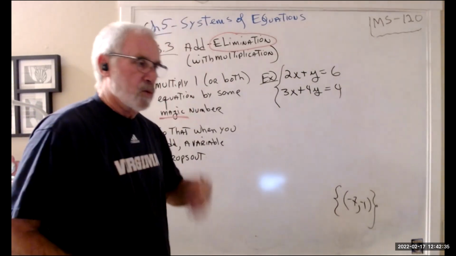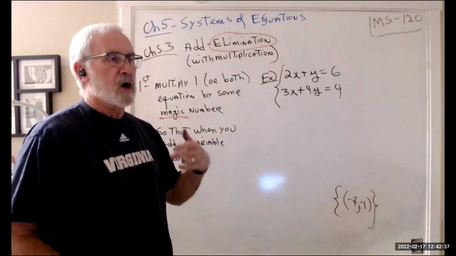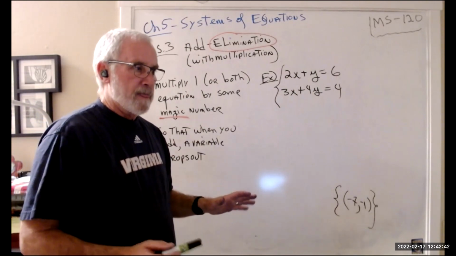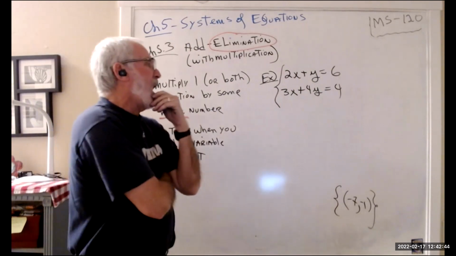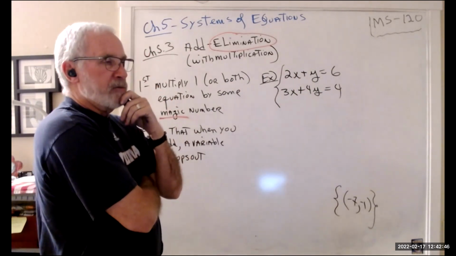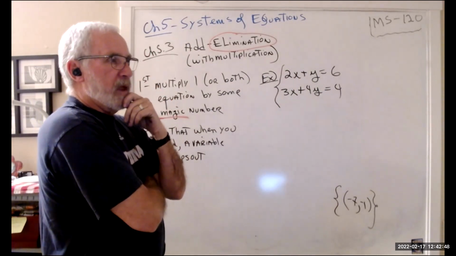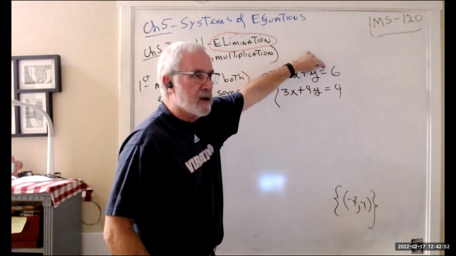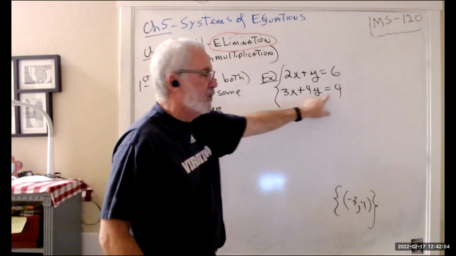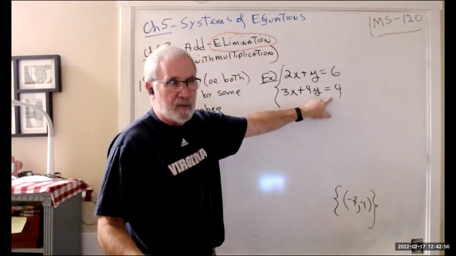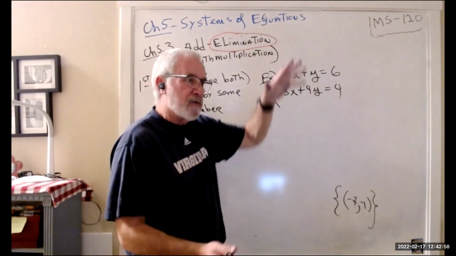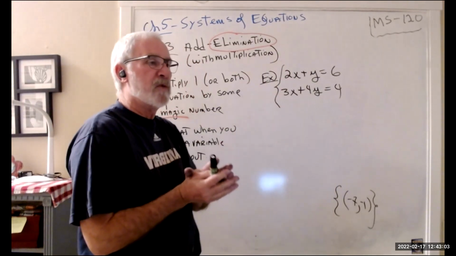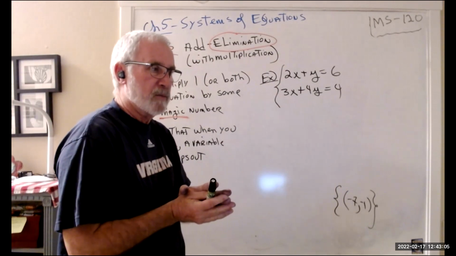I'm going to show you the lazy way, and then we're going to talk about alternate ways that are just as good. So I have to pick a number out of thin air, and I either have to multiply everything in this equation by that number or everything in this equation by another number, it doesn't matter. So that if I add these two together, some variable will be dropped out.